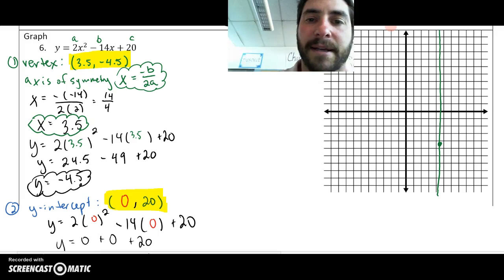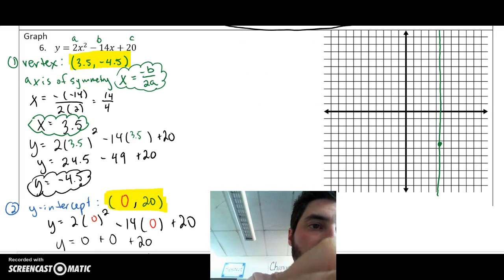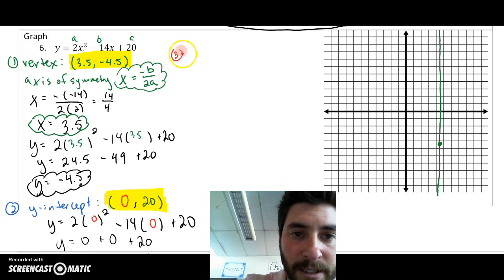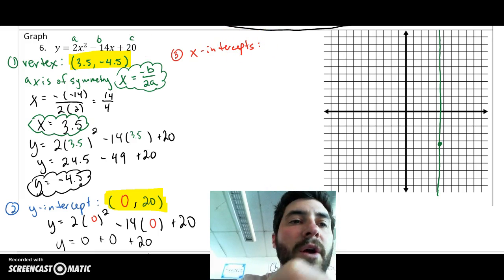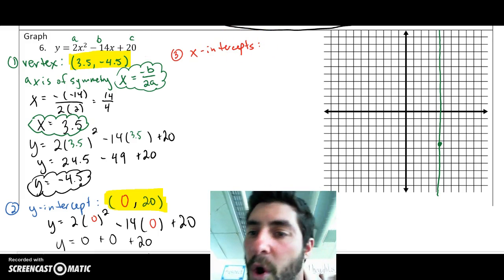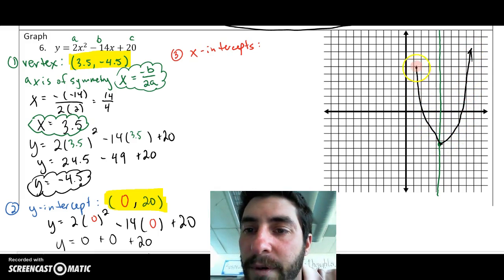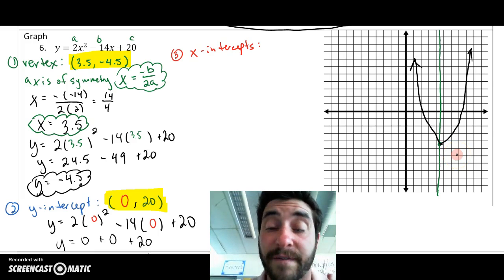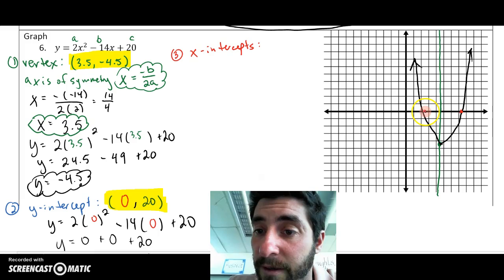Let's find my x-intercepts. And here we go, x-intercepts. What do you know about the x-intercepts? Well, besides they're fun to find, I know that these points right here are where y is 0.